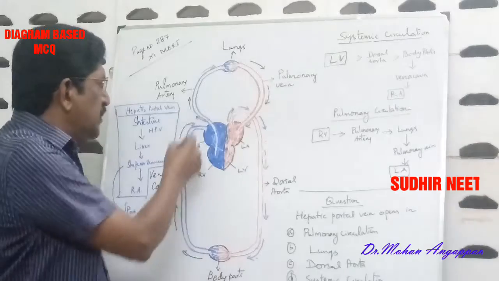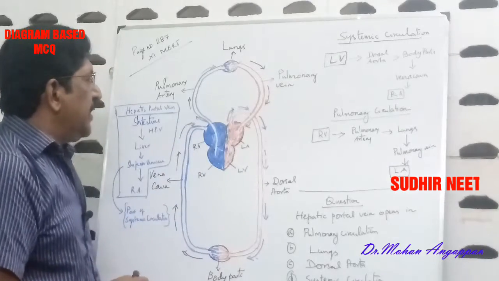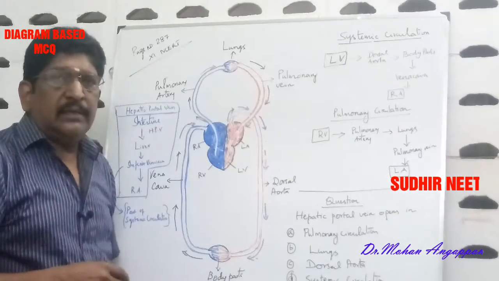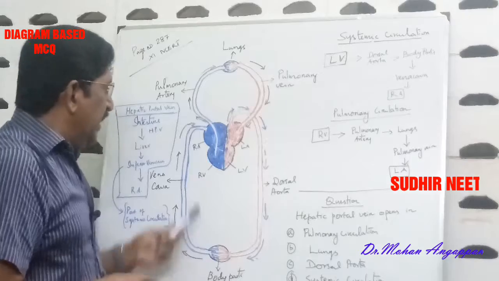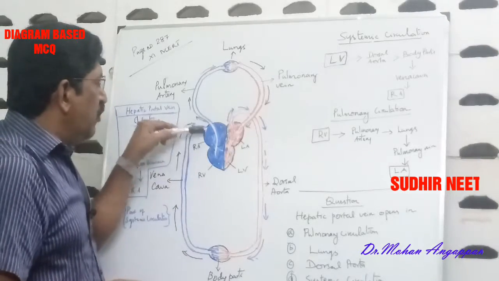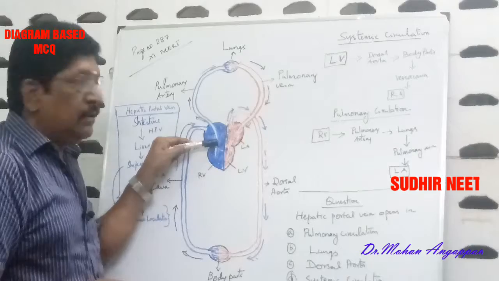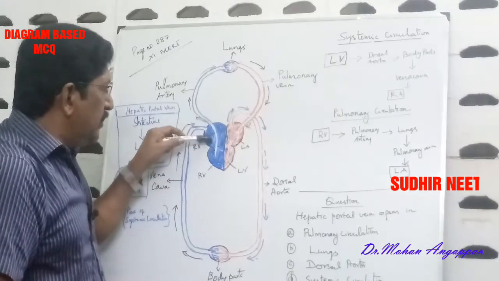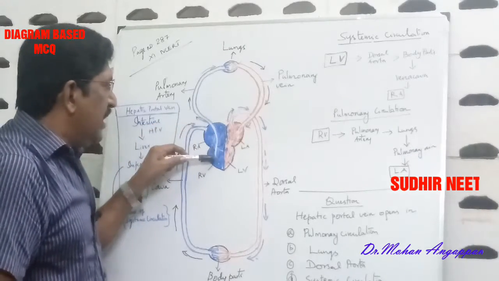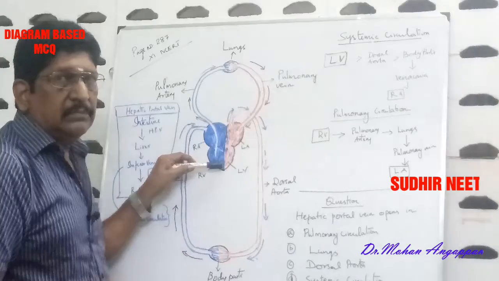From the body parts, the impure blood is collected by inferior and superior vena cava and opens into the right atrium. From the right atrium, the impure blood comes into the right ventricle.